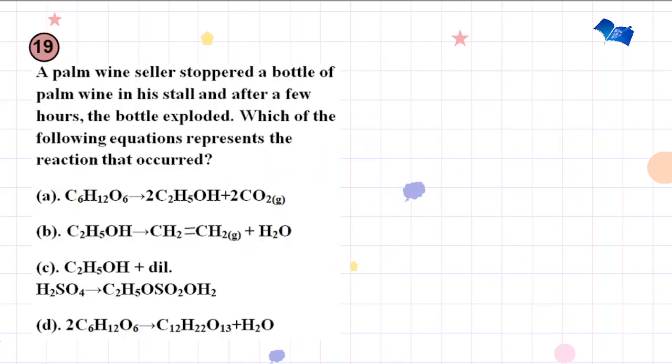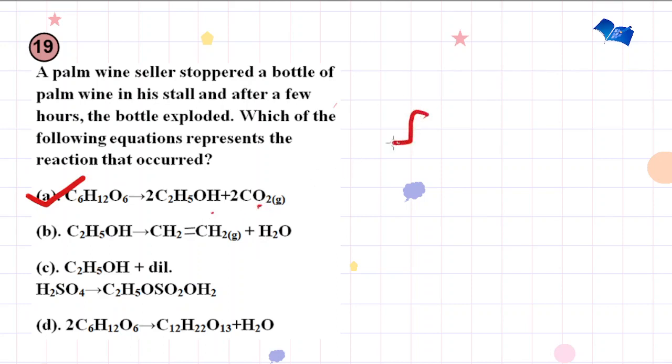Next question. A palm wine seller stoppered a bottle of palm wine in his store, and after a few hours, the bottle exploded. Which of the following equations represents the reaction that occurred? The reaction that occurred is fermentation, and that is the breaking down of carbohydrates in the presence of an enzyme to give you ethanol and carbon(IV) oxide.